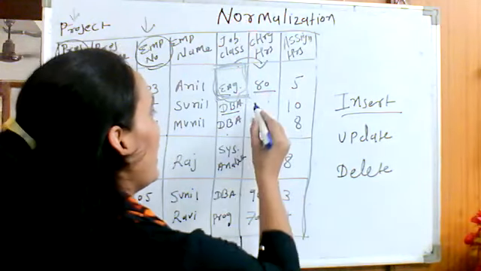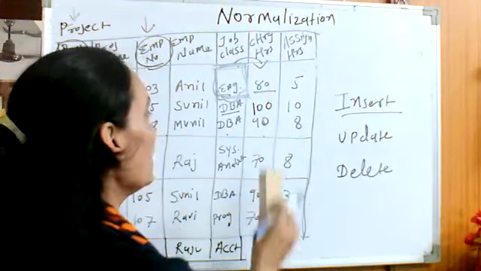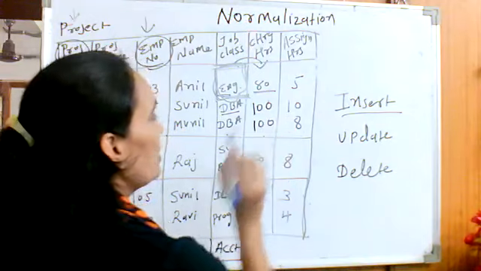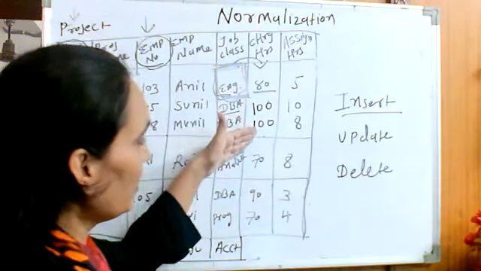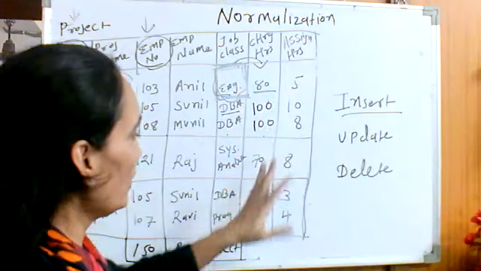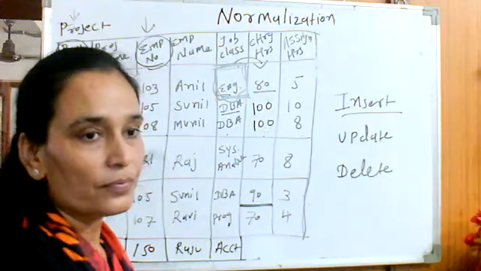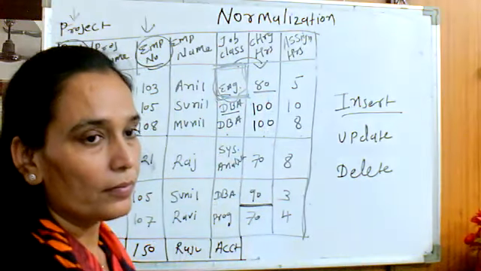So I have to change each and every place where DBA appears. While updating DBA charges per hour, I forgot to change it in some places. Then it will create an inconsistency problem.